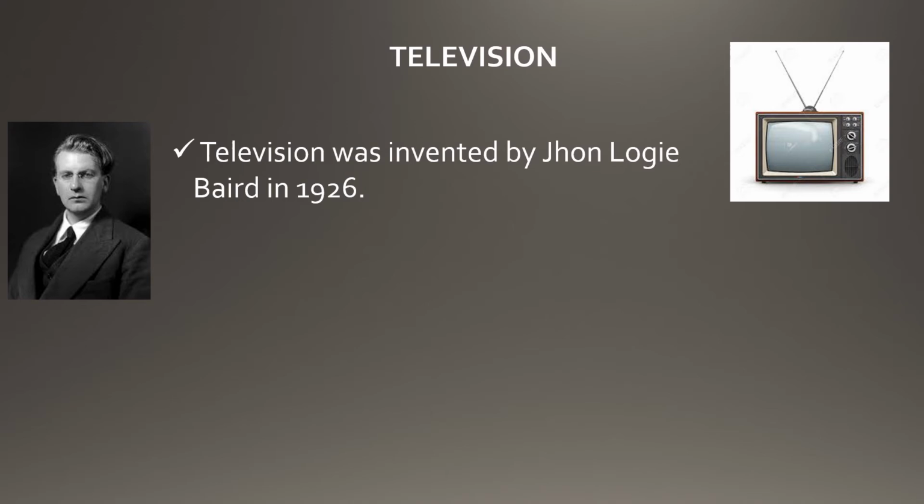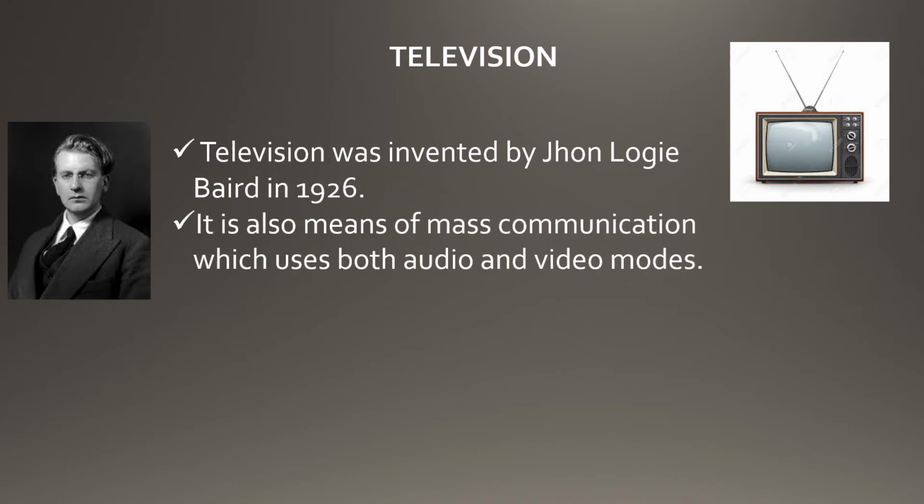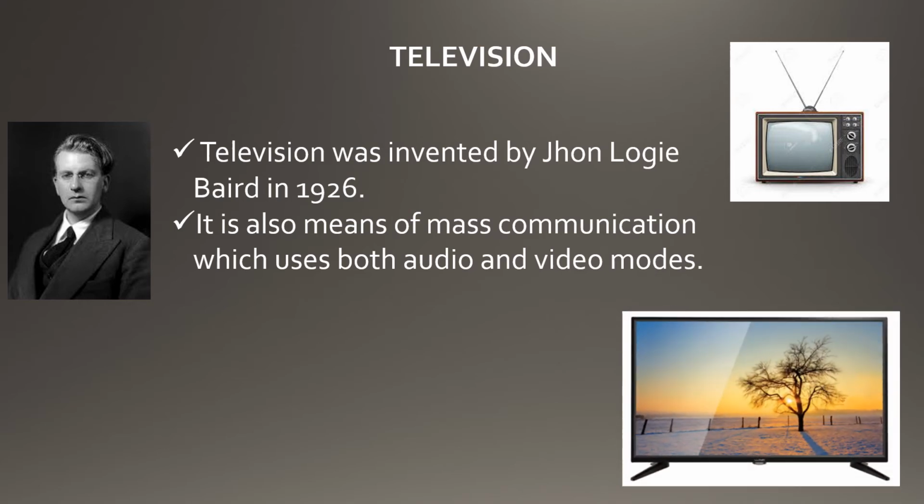Television has more impact when compared to radio because we can both see and hear, and it is the most accepted and popular means of mass communication which uses both audio and video modes. It can reach viewers easily.